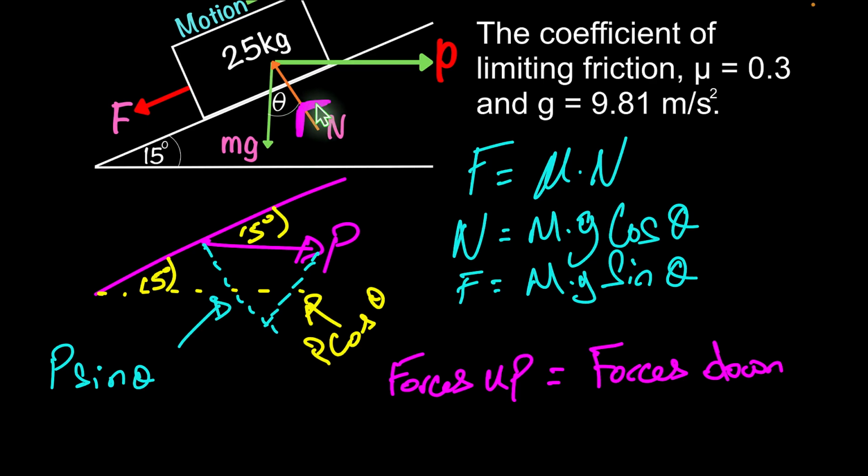So what that means then, we would end up with just N for normal reaction, because that's the only force that's going upward, and the component of gravity, which was mass times gravity and cos angle.